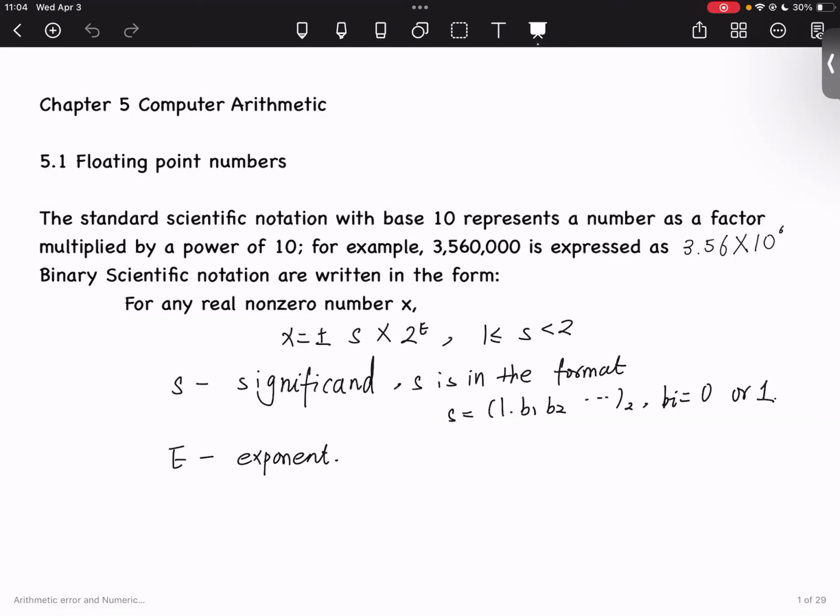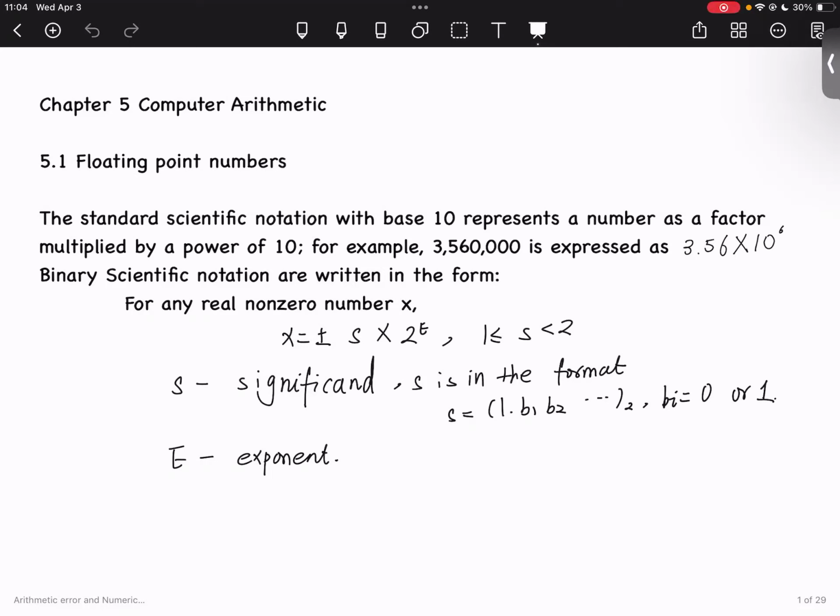Here we have a binary scientific notation, instead of base 10, in the following format. For any real non-zero number x, we can represent it in this way. There are several components.